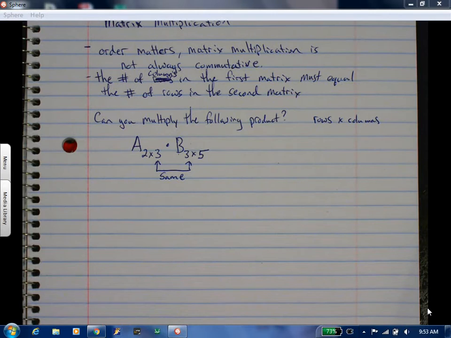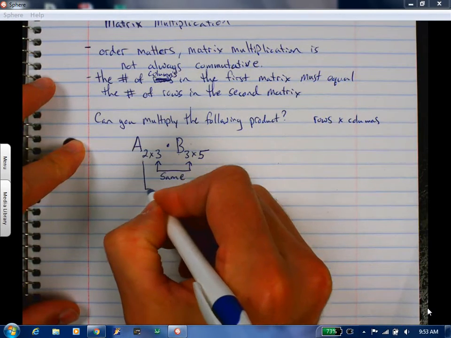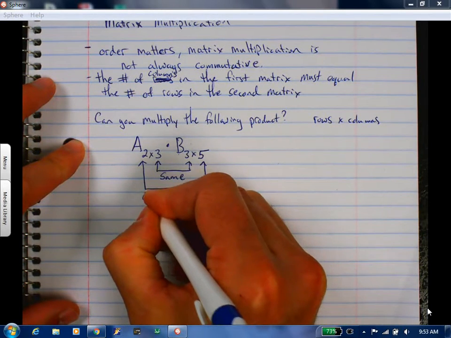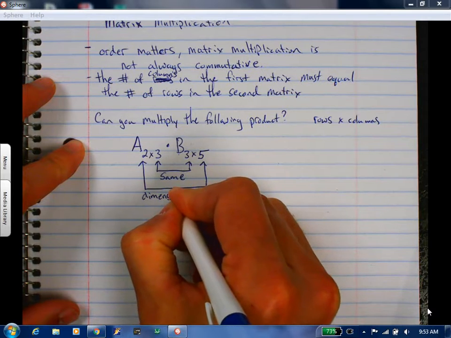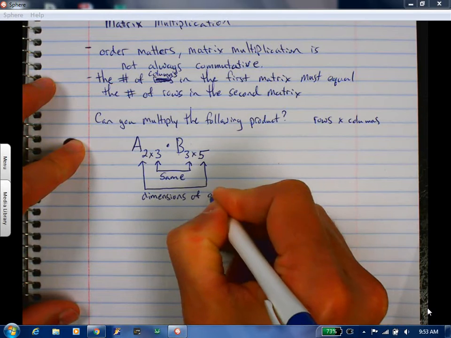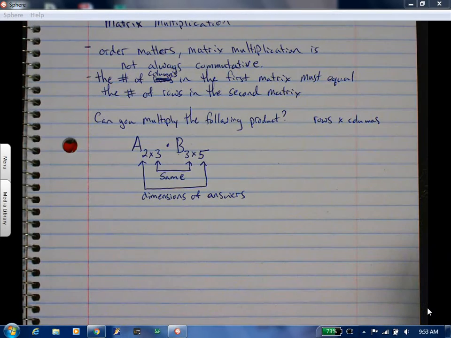So yes, we can do this one. Now these outside numbers will actually tell us something as well. Those will be the dimensions of the answer. So the outside ones will be the dimensions of the answer.